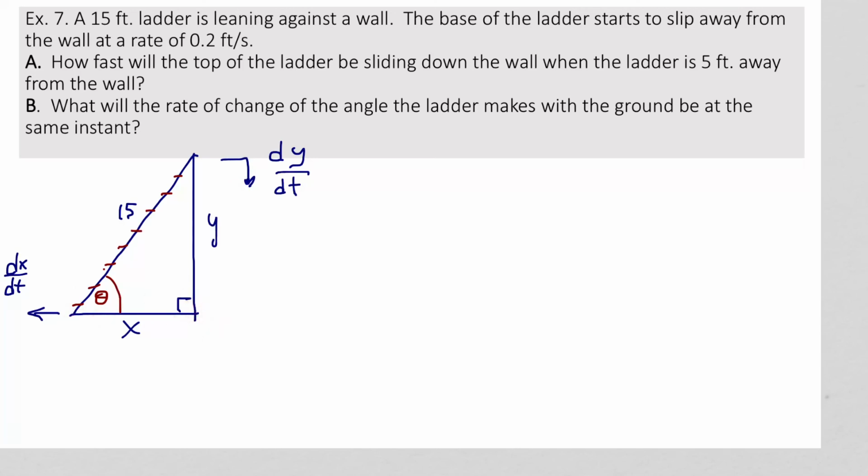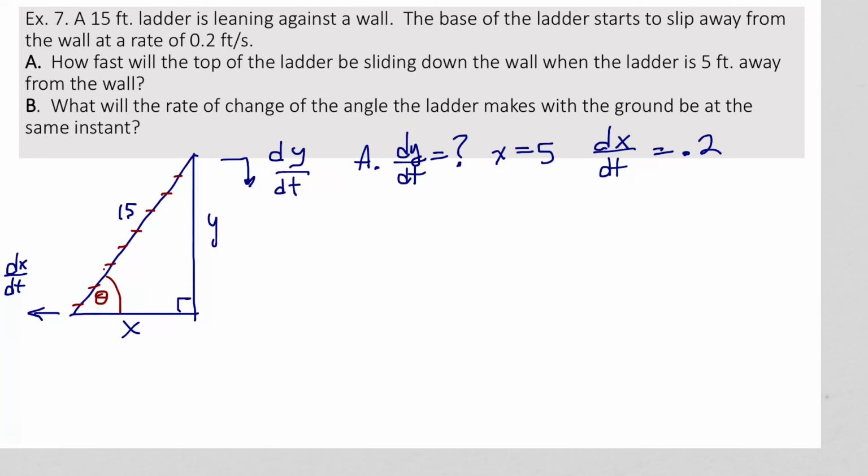All right, so part A says find dy dt when x is equal to 5, and dx dt is equal to 0.2.